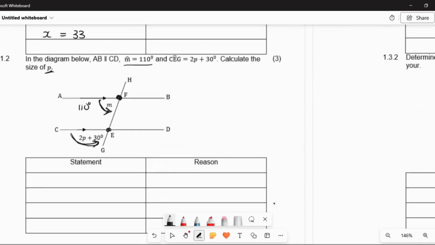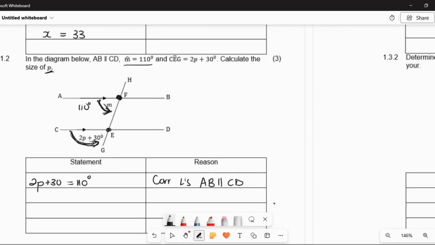Meaning this angle here, which is angle 2P plus 30, should be equal to that angle there, which is 110. And our reason for that is that they are corresponding angles. Why? Because line AB is parallel to line CD. That's how we know that they are corresponding.